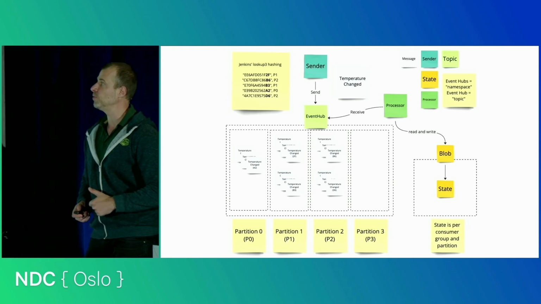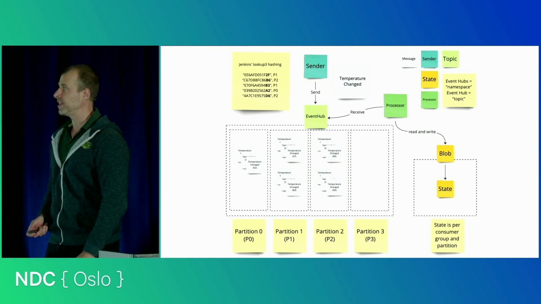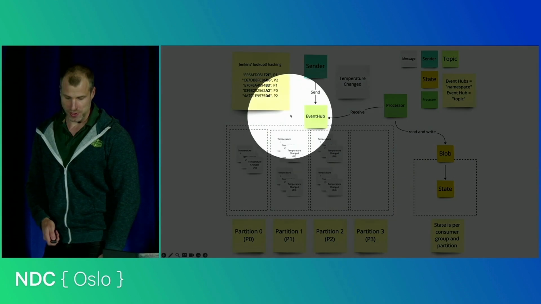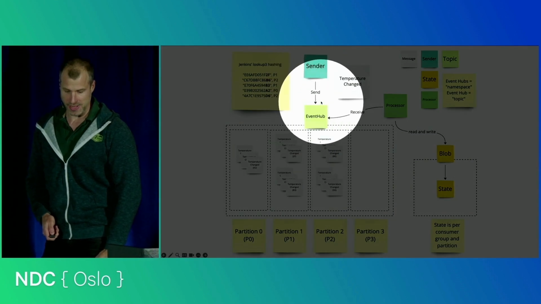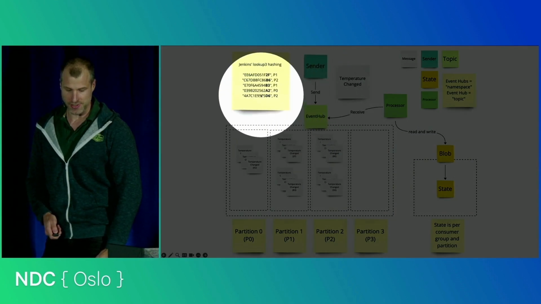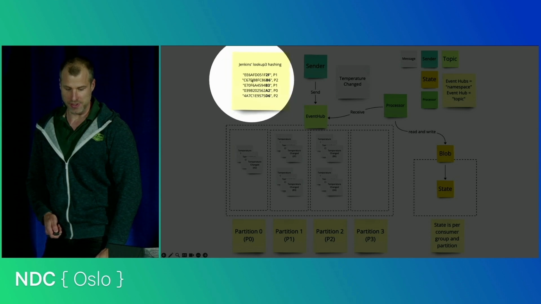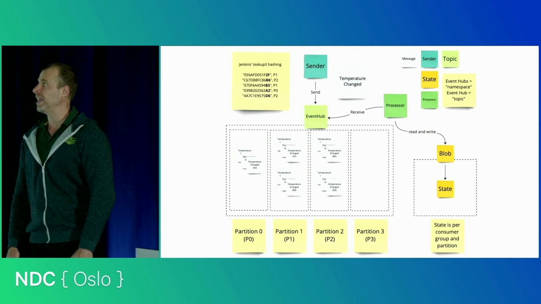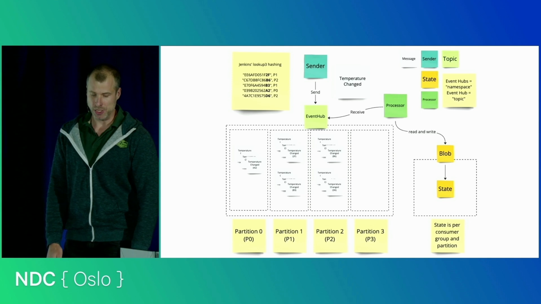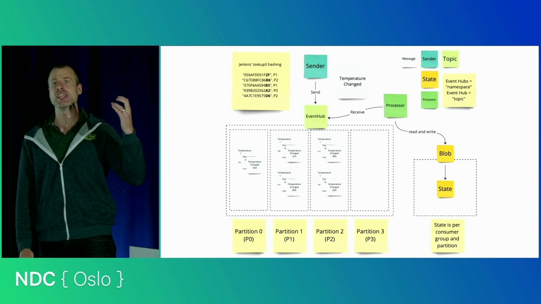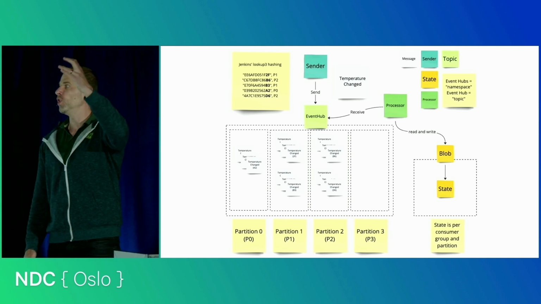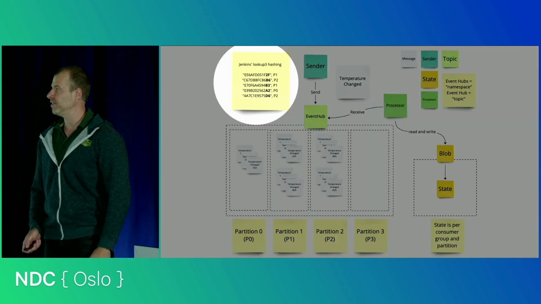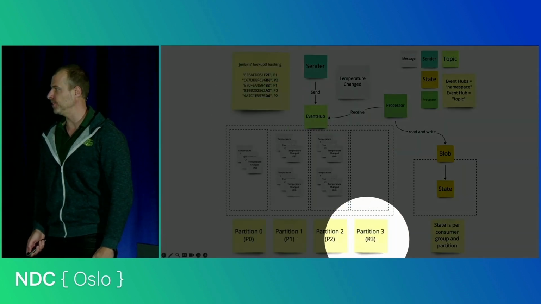Here, we're setting up this Event Hubs, and then we send in data, these temperature change events. As you can see, we also have these storage or warehouse IDs. What Event Hubs does by default is take the partition key, compute a hash of it, and assign it to a partition. Here I have an Event Hubs with 4 partitions.